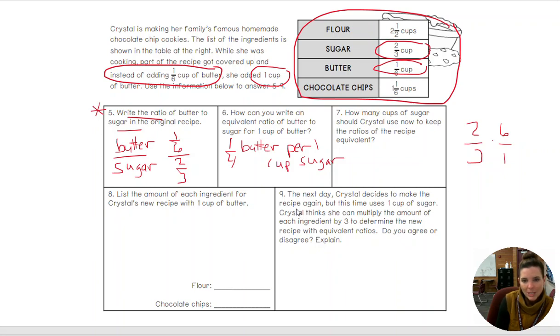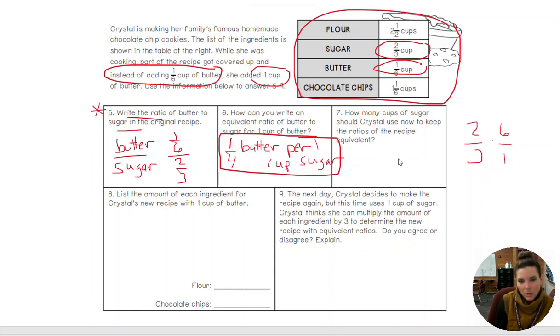Okay, so for every 1 cup of butter, there has to be 4 cups of sugar. And we actually can get here by using this as well. And then the next question, how many cups of sugar should Crystal use now to keep the ratios of the recipe equivalent?